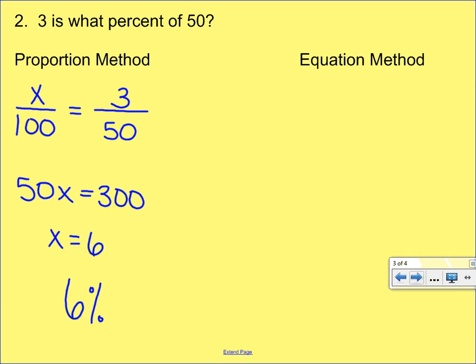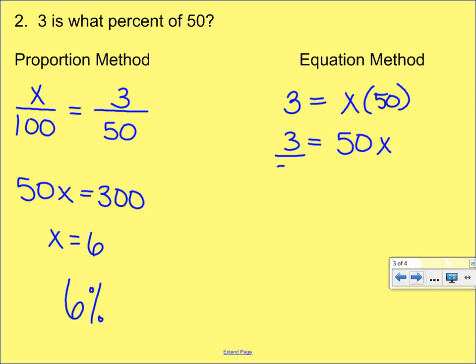For the equation method, we'll translate here. It says 3 is. So that means 3 equals what percent? So that's our variable. That would be our x. And then of 50 means we're going to multiply by 50. And you may not like how that looks, so just rewrite it. It's x times 50, which is the same as 50x. And this time we're going to divide both sides by 50. And you may want to show that on this one just because I want to make sure you divide in the correct order.